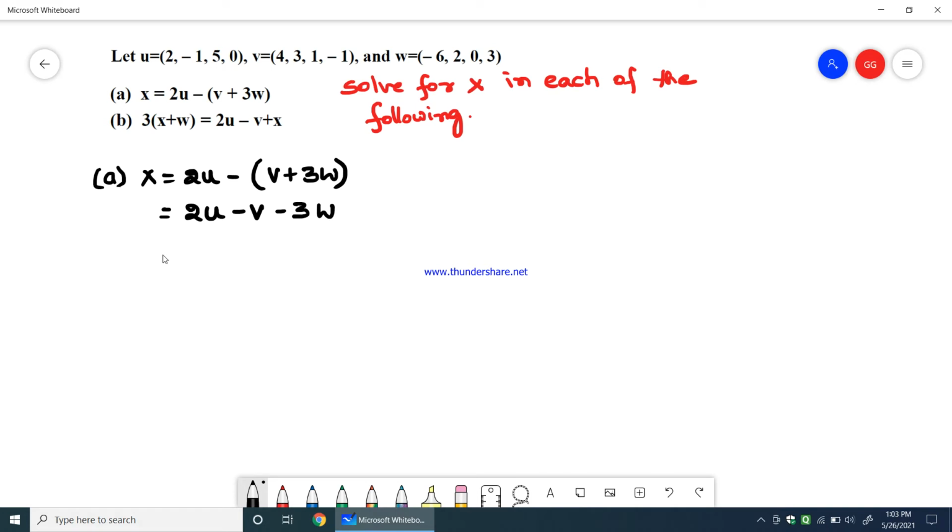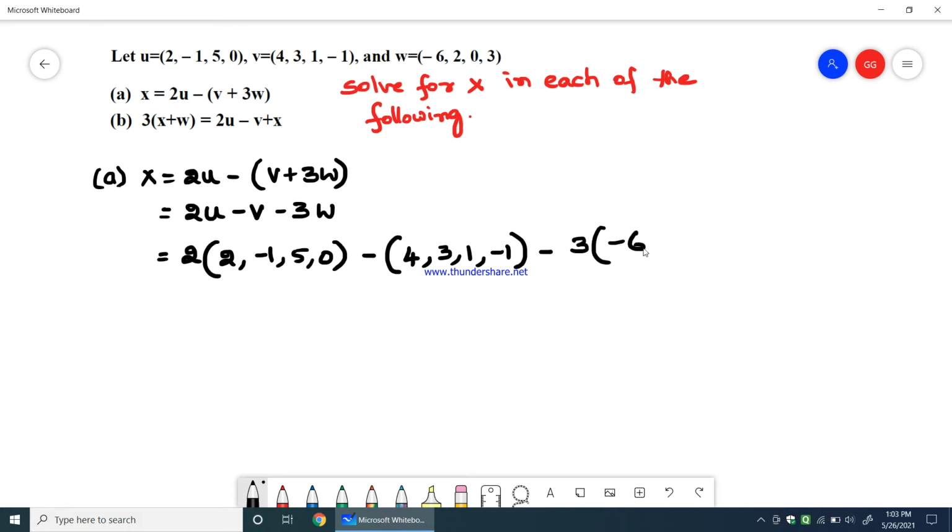Now let me substitute the vectors. 2 into vector u is 2, -1, 5, 0, minus v is 4, 3, 1, -1, minus 3 into w, which is -6, 2, 0, 3.